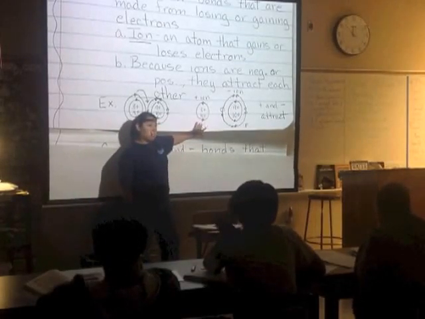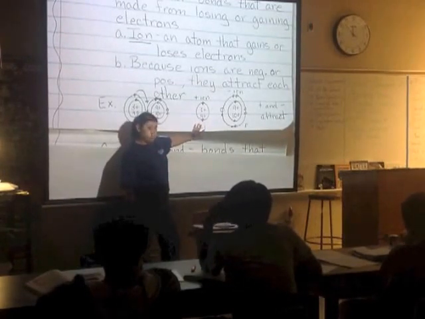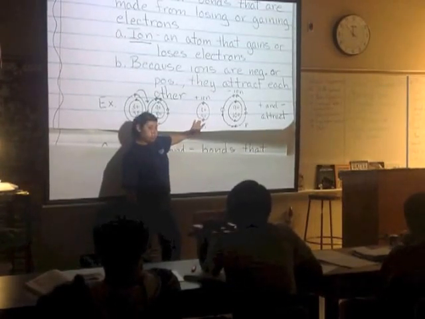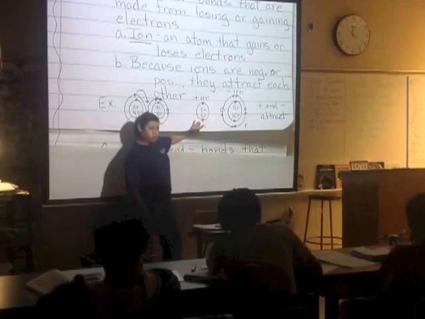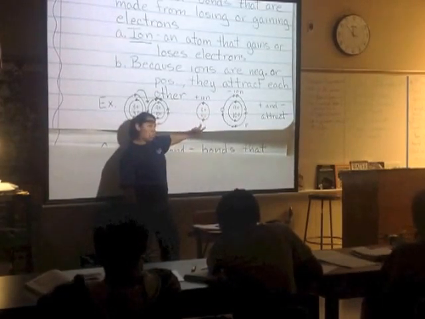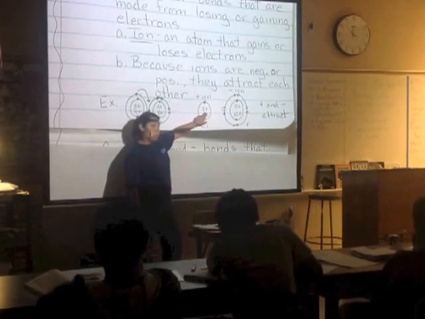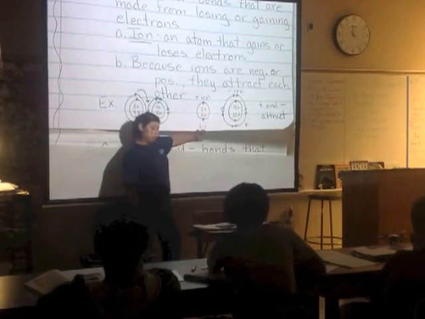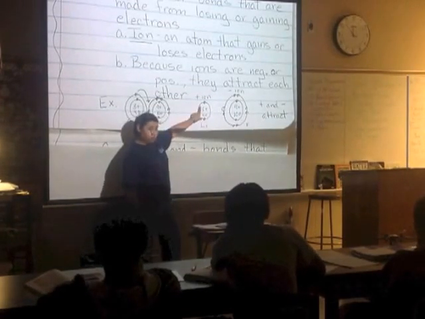Who can explain to me why this is a positive ion? Luis. Because there's 3 protons, then minus 2 electrons equal. You're right. So it has 3 protons and it has how many electrons? 2. And what charge are electrons? Yeah. So 3 minus 2 equals 1.